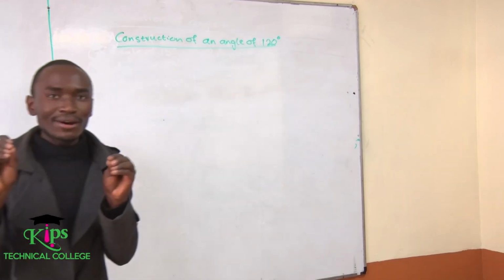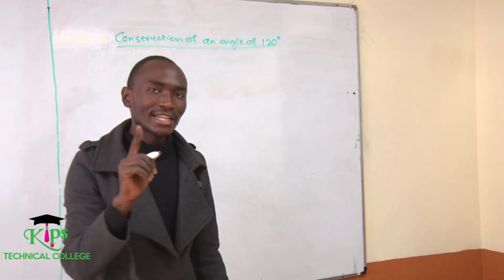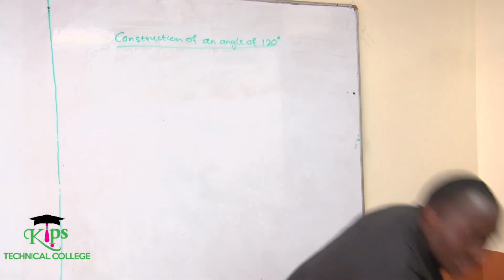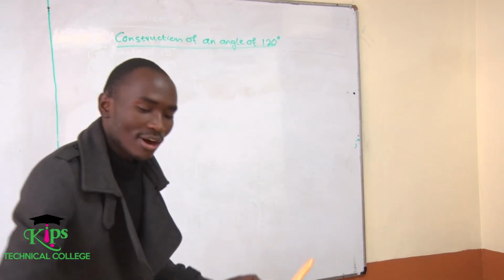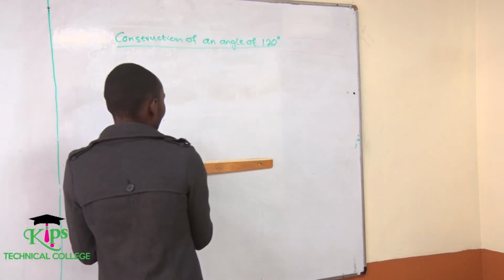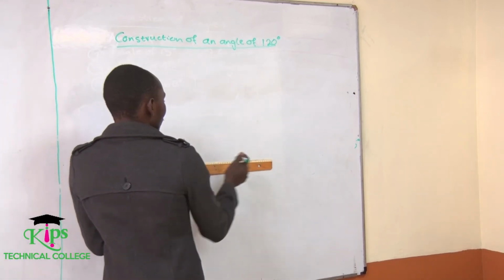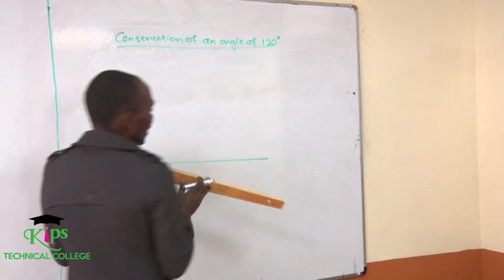So how do you now get to construct an angle of 120 degrees? So let me show you 120 degrees. So first of all, you need to draw a line like we have been doing. That is your line.